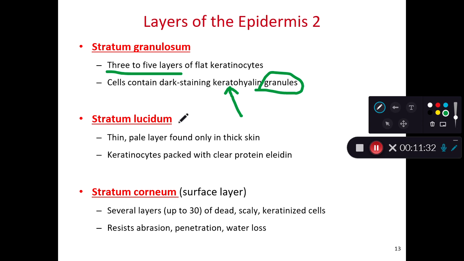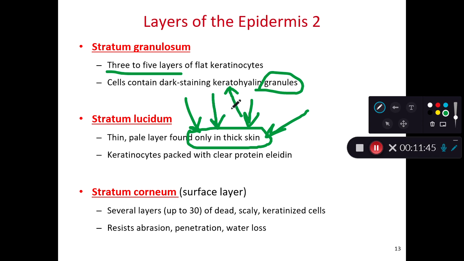Our next layer is the stratum lucidum. And I want you to circle, star, underline this right here. It is found only in thick skin. This is a key characteristic. Stratum lucidum is only in thick skin. And the reason we call it the stratum lucidum is because it lets more light through. This word right here, luci, refers to light.